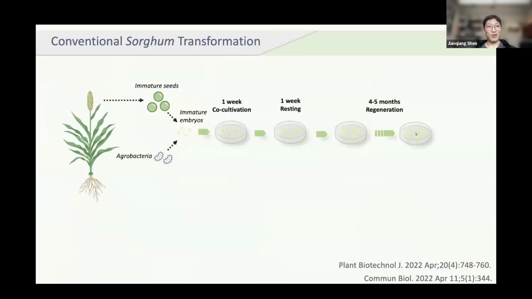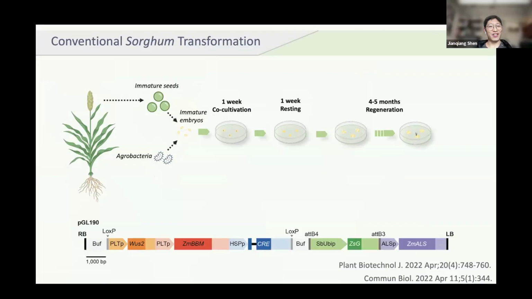Okay, so let's work through the conventional sorghum transformation. We use immature embryos, as we talked about, isolated from the seeds and infected by Agrobacterium. It takes 1 week of co-cultivation, 1 week of resting, and 4 to 5 months for regeneration. Yes, that's right, 4 to 5 months.